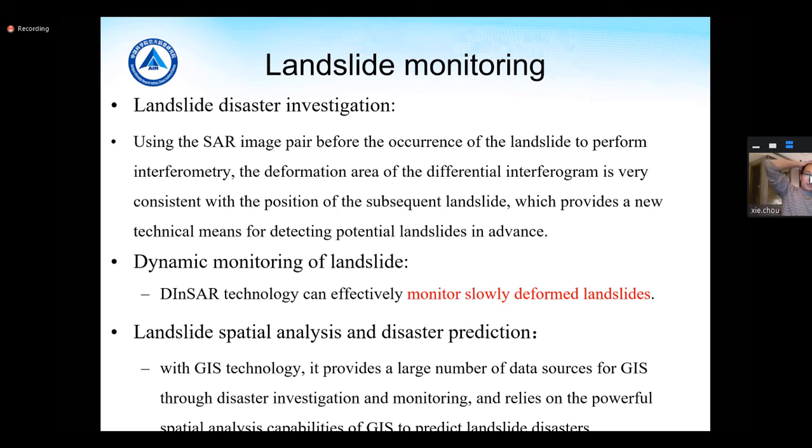Use the side-looking image before the landslide to perform interferometry. The deformation area of the InSAR is very consistent with the position of the landslide, which proved a new technical means for detecting potential landslides in advance.